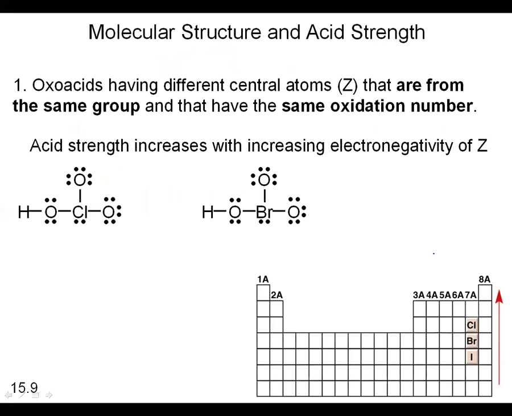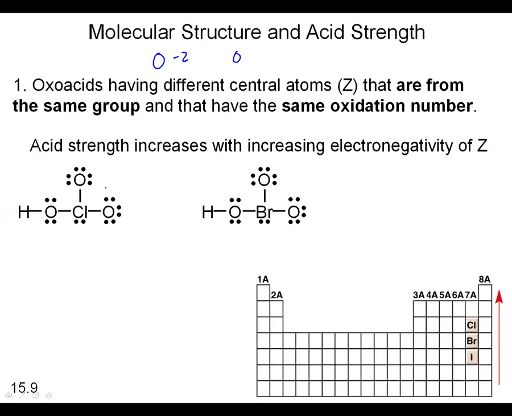When we look at an acid like this, HClO3 and HBrO3, it's basically the same acid. The center atoms, the chlorine and the bromine, both have the same oxidation number. Just a reminder on how to do oxidation numbers: oxygen is typically -2, except in peroxide, where it's -1.